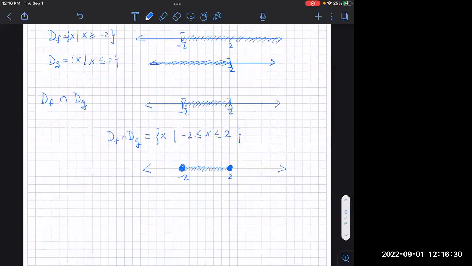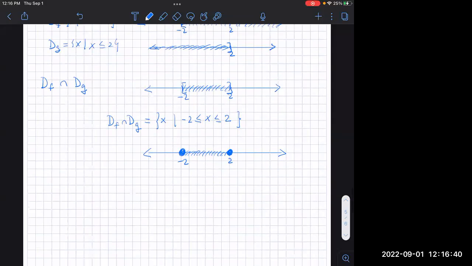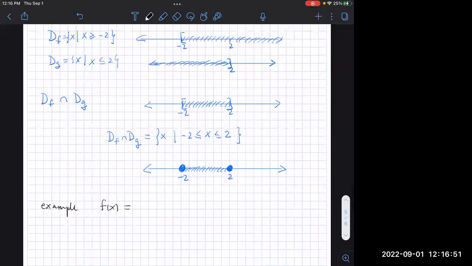Okay, so now let's look at an example of the quotient. We don't have an example of the quotient yet. Let f of x be the square root of x plus 2, and g of x be the square root of 2 minus x.